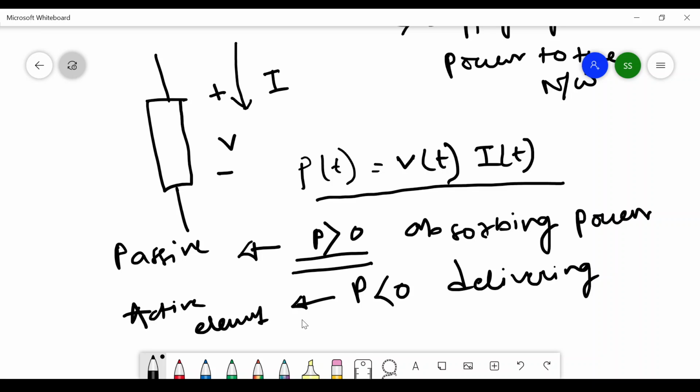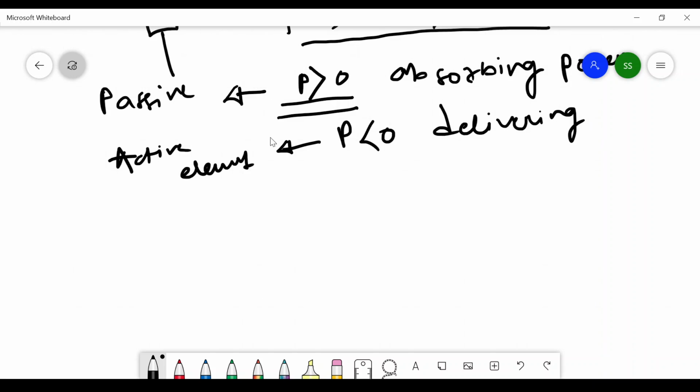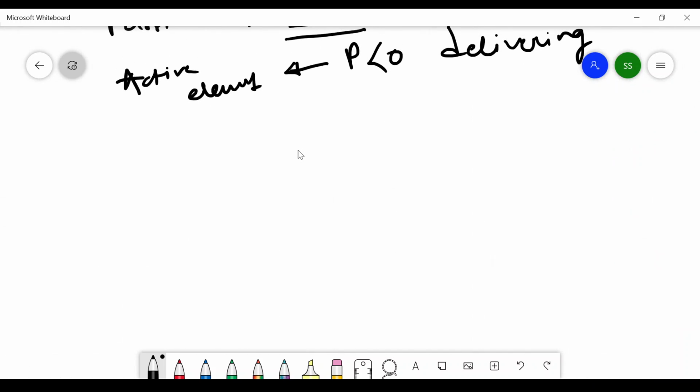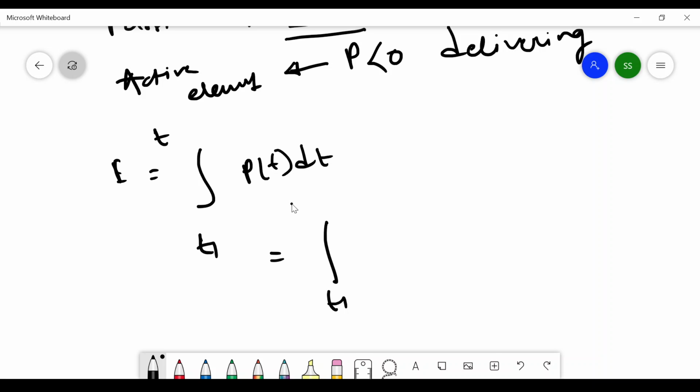Okay. Now from this power, how to derive the energy? The energy delivered by a certain element, that is an active element, from T1 to T2 is the integral of p(t) dt. So we can write it as the integral from T1 to T2 of v(t) i(t) dt. Okay.